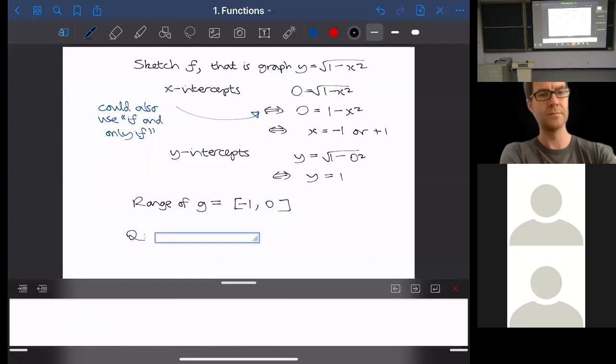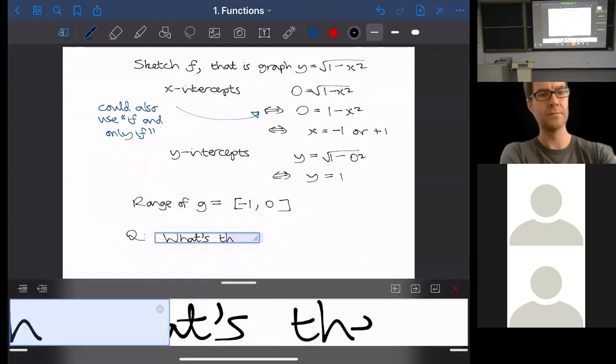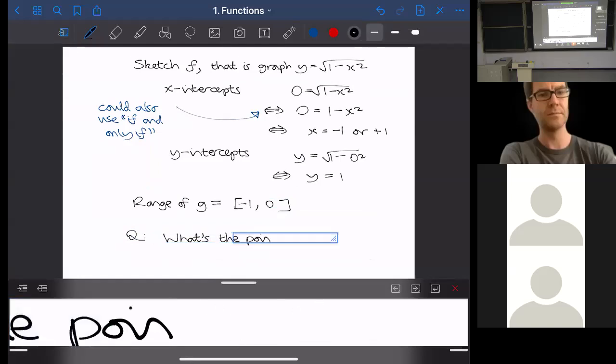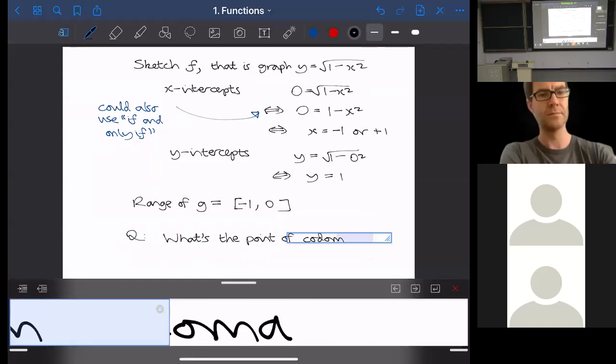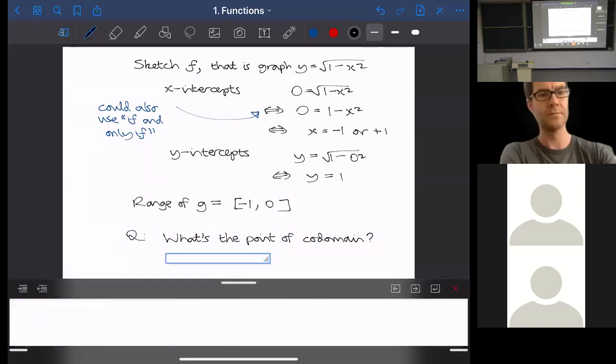So a question from earlier: what's the point of codomain?